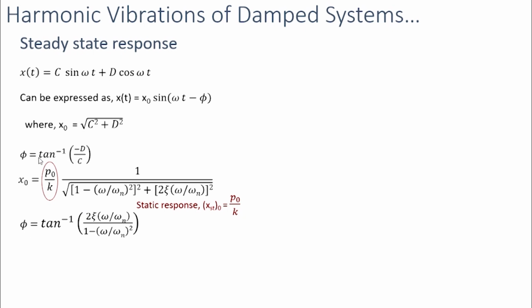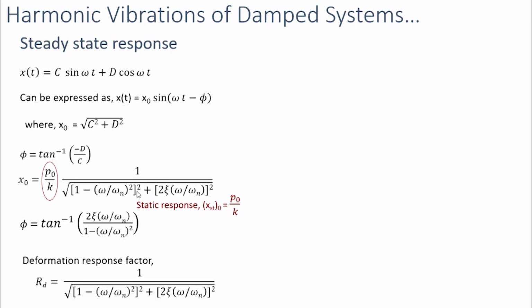And the phi can be found out as tan inverse 2 zeta frequency ratio divided by 1 minus frequency ratio square. We can denote this factor as the deformation response factor, which is Rd, and this is equal to this factor.